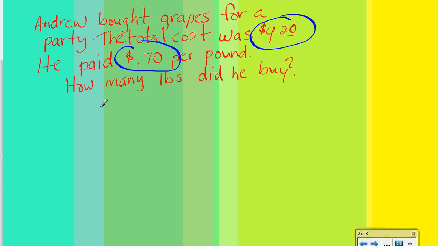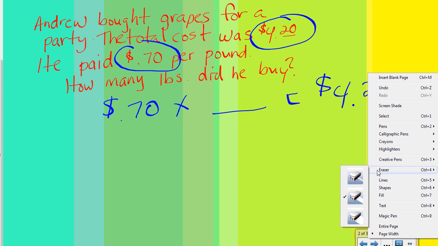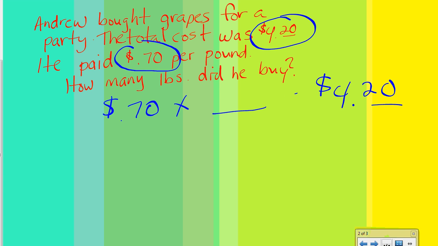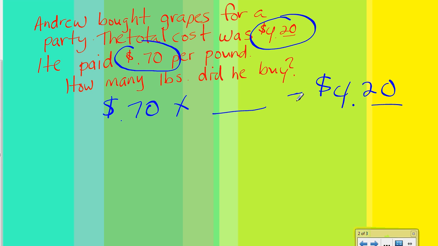So if this were true, then we could take that 70 cents, again, and multiply by some quantity that's going to give us that total cost of $4.20. Okay, let's fix that. I just have to remember to do my equal signs a little bit slower. Come on. There we go.